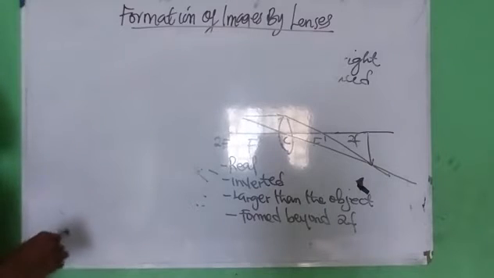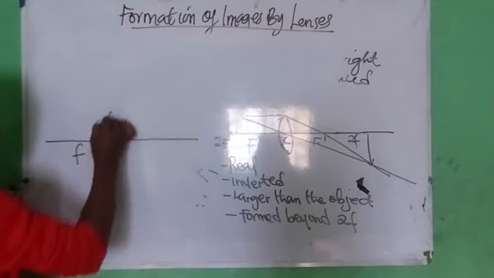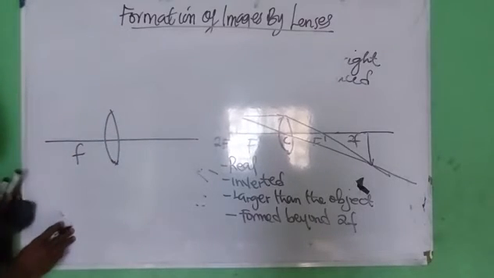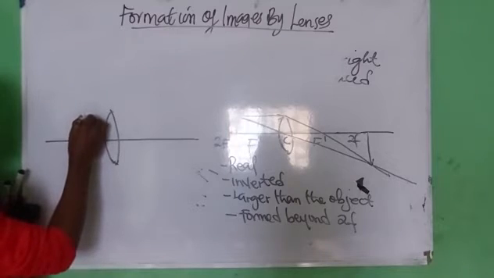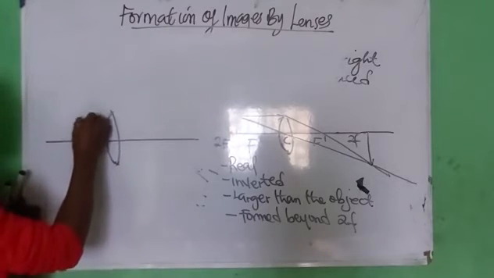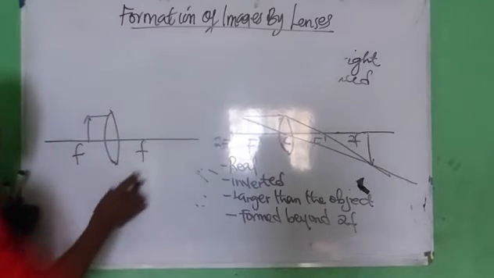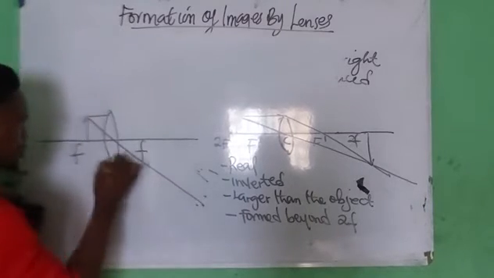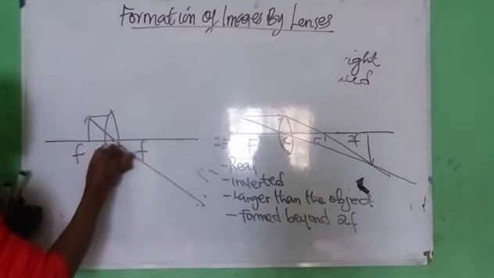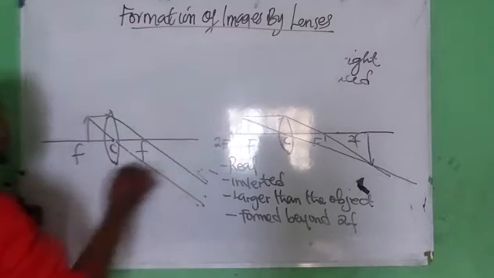Very important. When an object is placed between f and the lens, all right, if I have an object around this region that's between f and the lens, I have this one cut through, I have f as well, this one cut through the center of curvature, then this one comes like this.